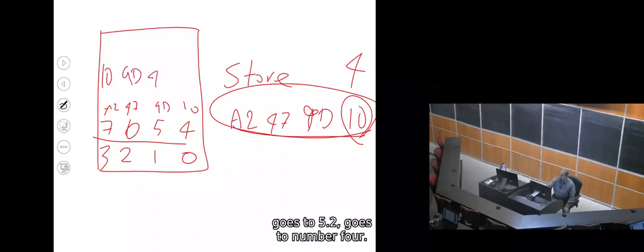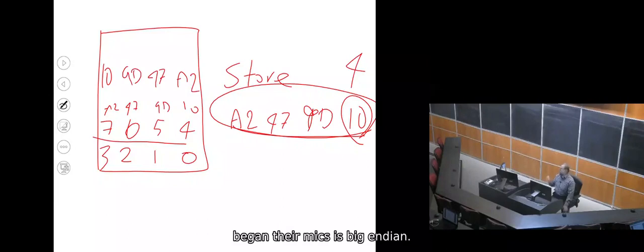You tell us. 10 is stored where? 10 goes to 7. Perfect. 9D goes to 6, 47 goes to 5, and 82 goes to number 4. So this is big endian. MIPS is big endian.